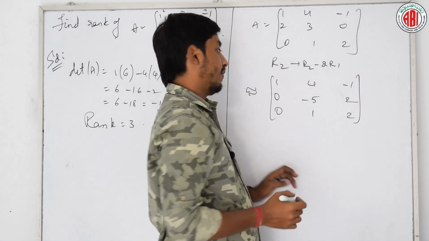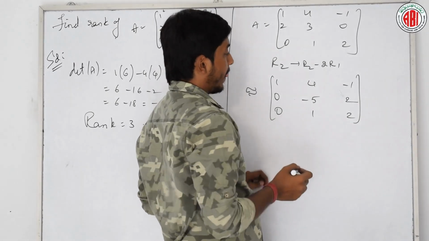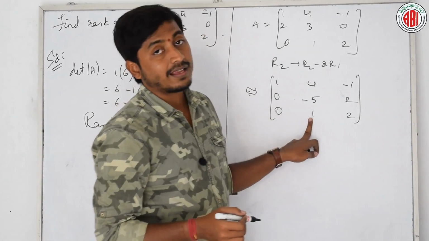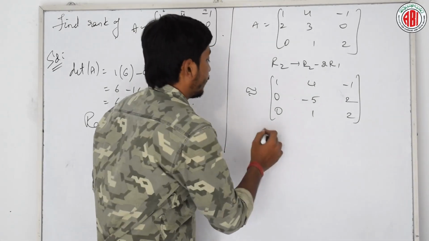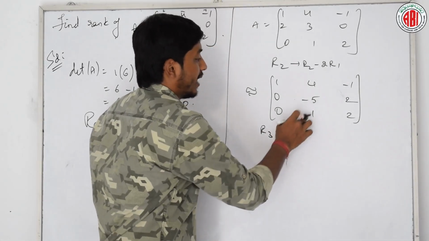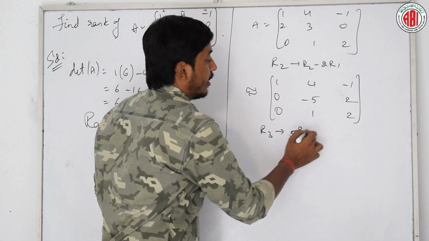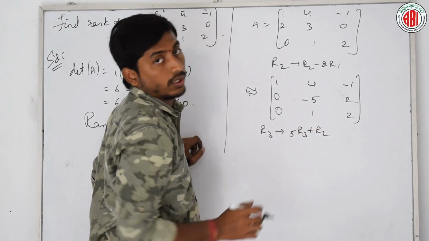Is it clear? Fine. And the next step, how to do? Now we have to make this 0. That is R3 tends to, let us multiply 5 for this R3, then let us add this R2. Okay?